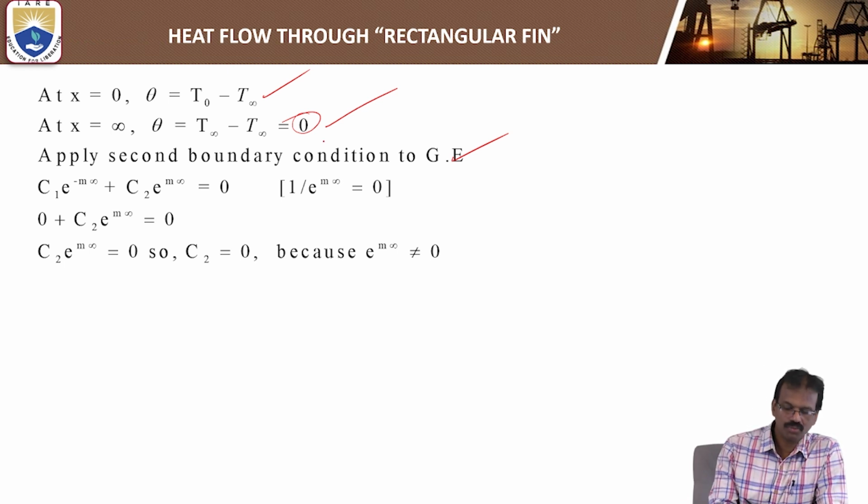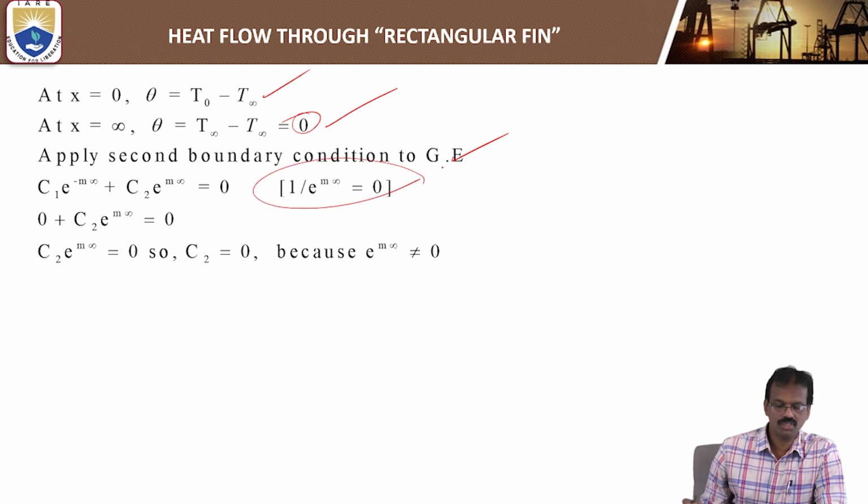If you substitute this, C1 e to the power of minus m infinity plus C2 e to the power of m infinity. You know that e to the power of minus m infinity is equal to 1 by e to the power of m infinity, and this value will be 0. Then C2 e to the power of m infinity is equal to 0.